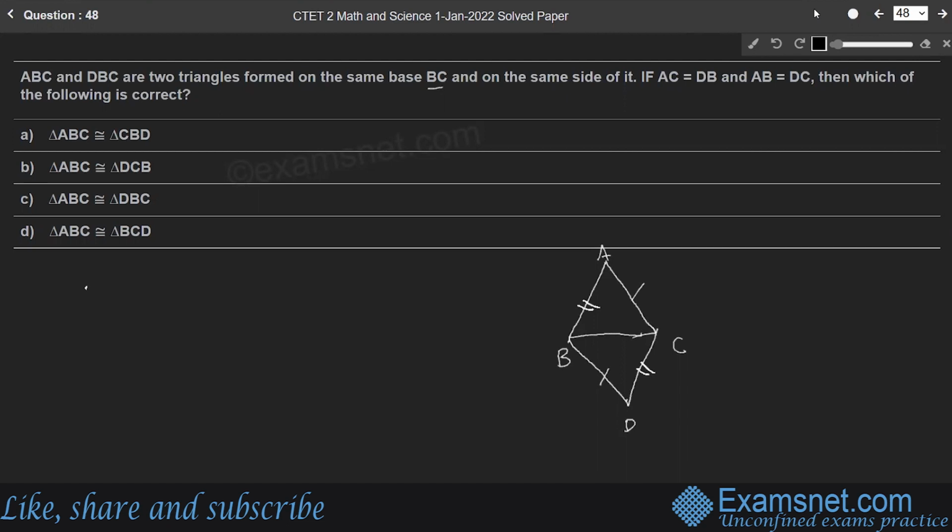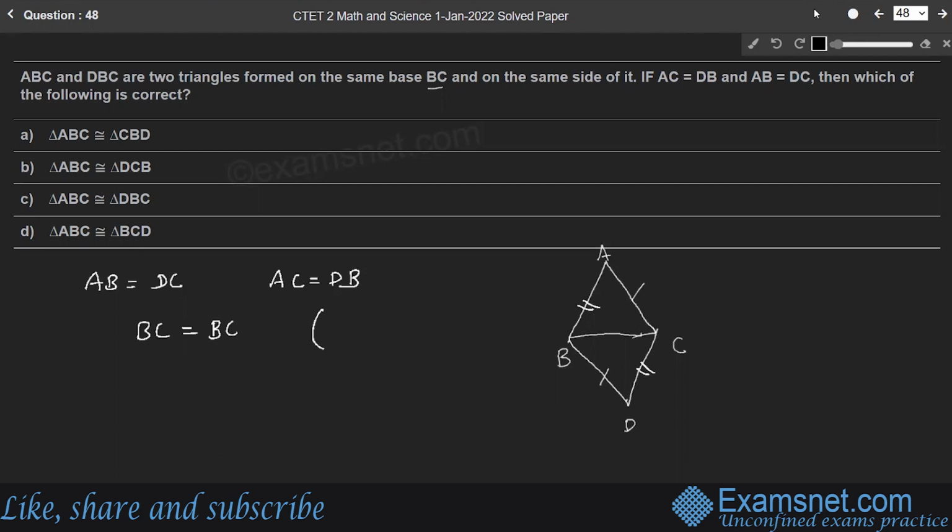So here AB is equal to DC, AC is equal to DB, and BC is equal to BC.